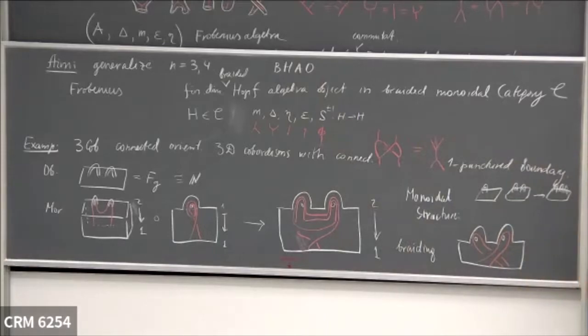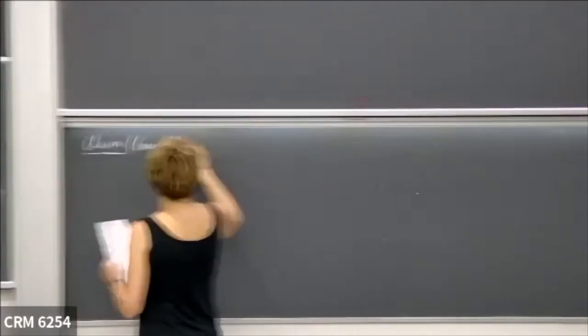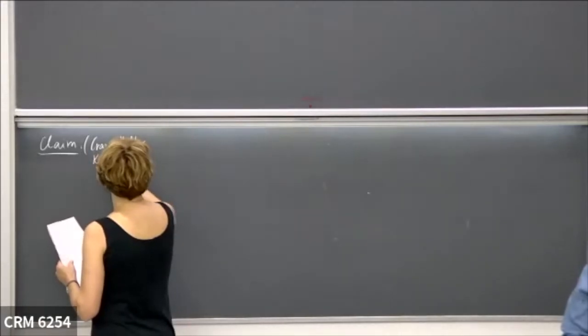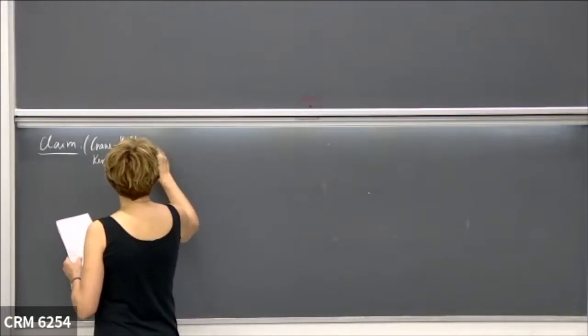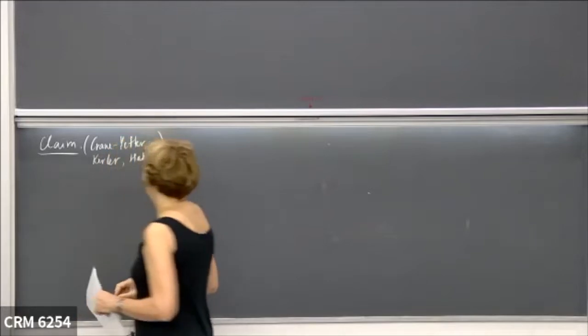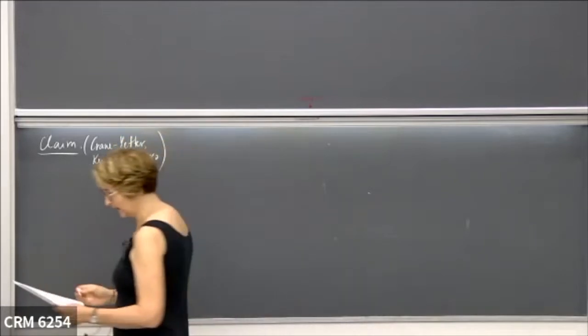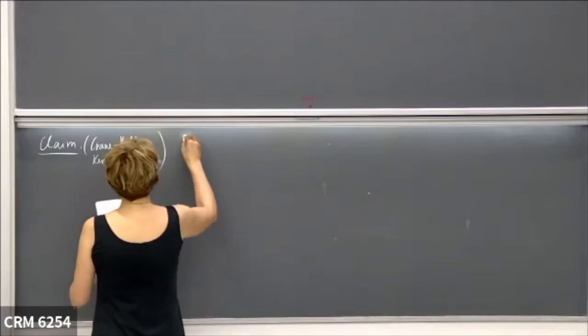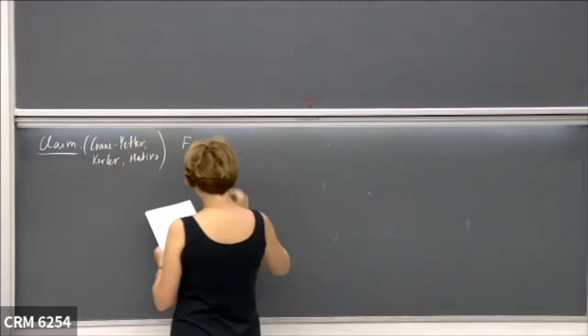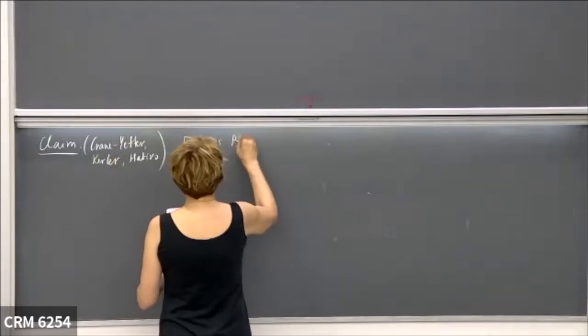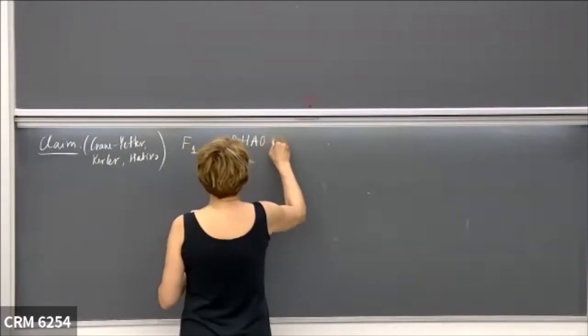And indeed, the claim, which was discovered probably by Crane and Yetter, also Kerler, and many people, Lyubashenko, Kerler, and others, who were working with this category, is that this F1 is a braided algebra object in 3-folds.